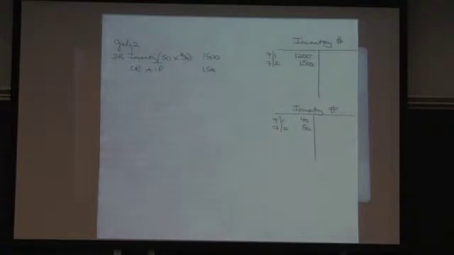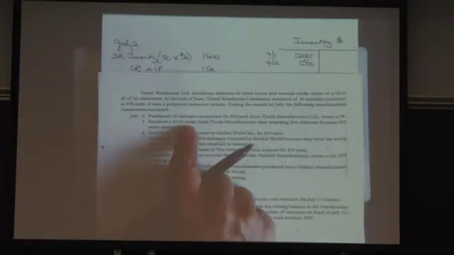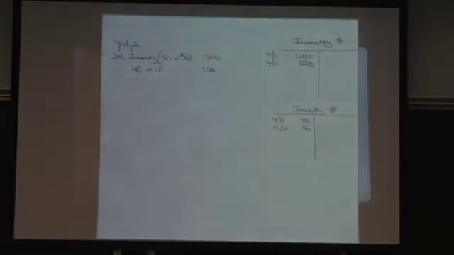Now, July 3rd, what does it say? Receive $150 credit from Trunk Manufacturing after returning 5 suitcases because they were damaged. So we got $150 worth of credit.